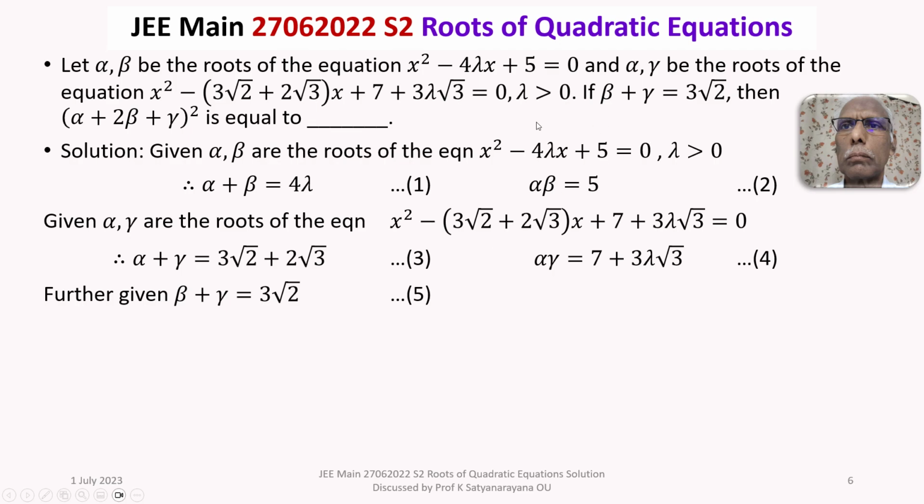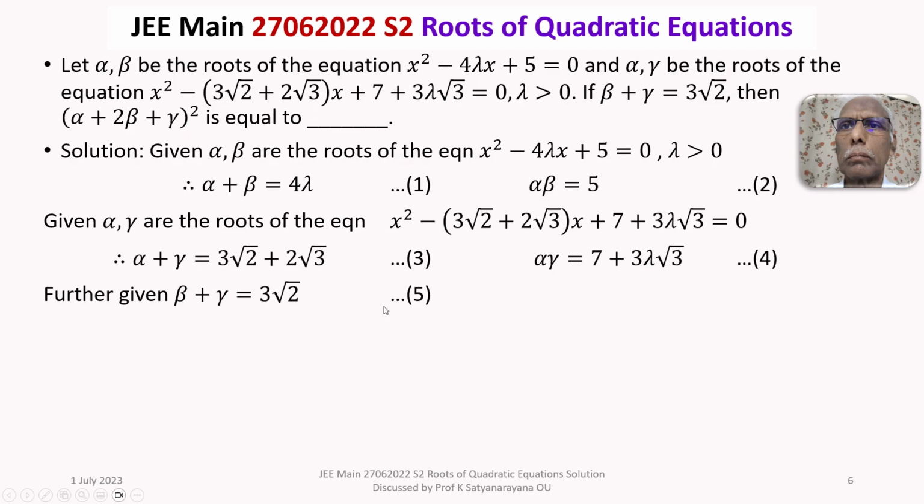What is it that we want? We want to find the value of alpha plus 2 beta plus gamma whole square. Now from equation 1 we have alpha plus beta. From equation 5 we have beta plus gamma. If you add these two, you will get alpha plus 2 beta plus gamma.